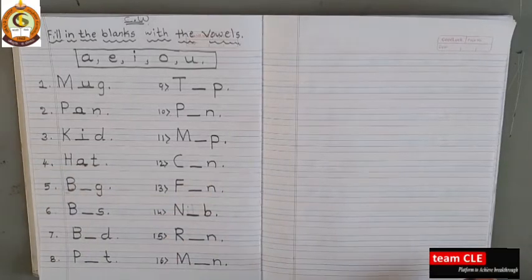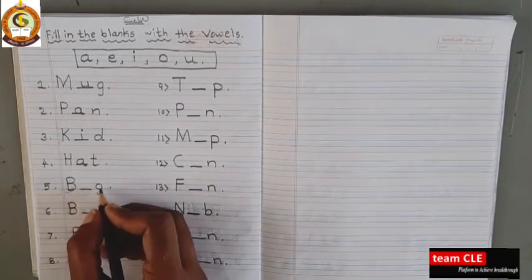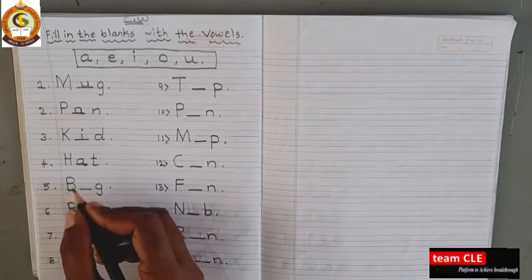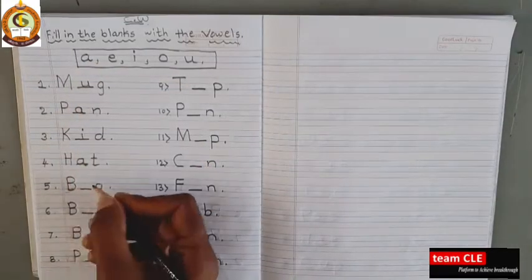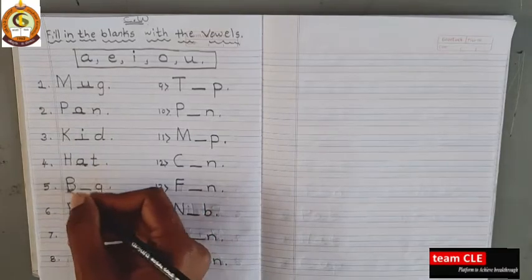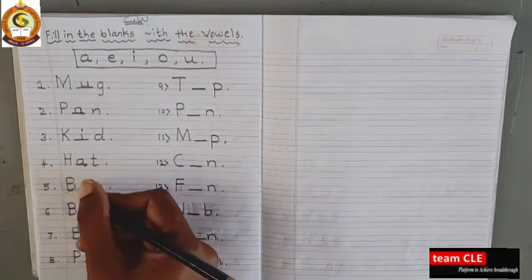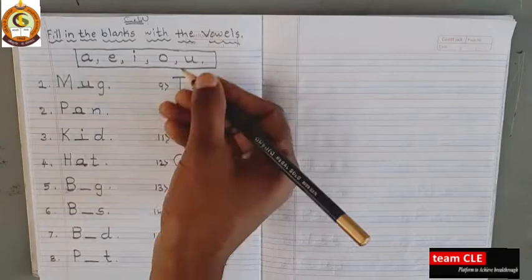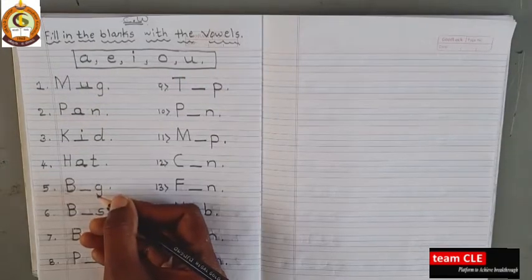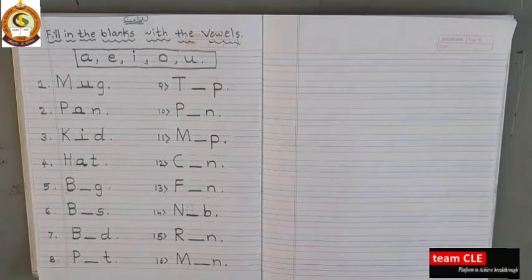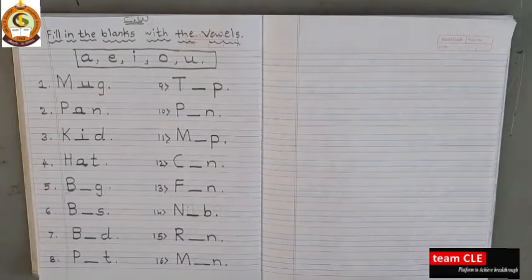Okay, next, B dash G. B-A-G, bag. B-E-G, beg. B-I-G, big. B-O-G, bog. B-U-G, bug. So here two or three words are completed.